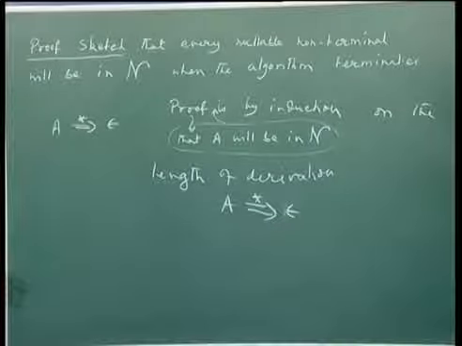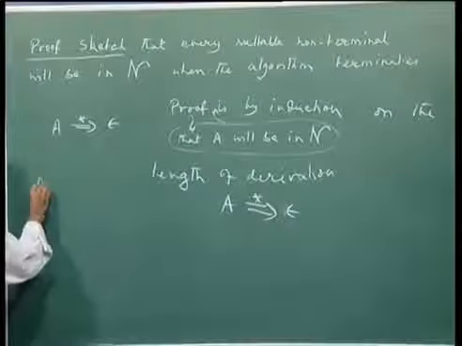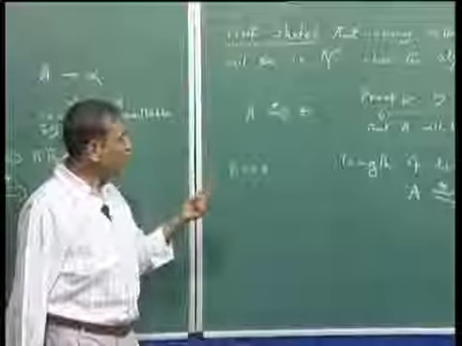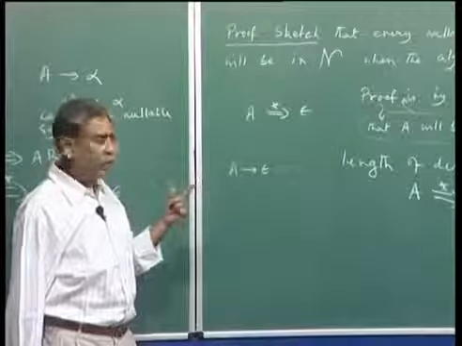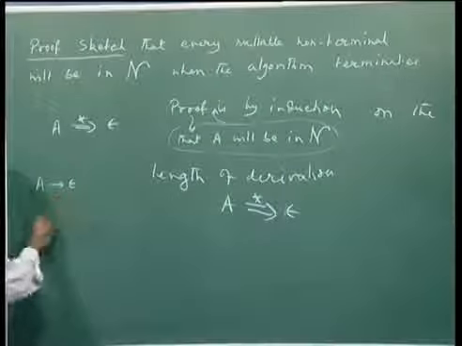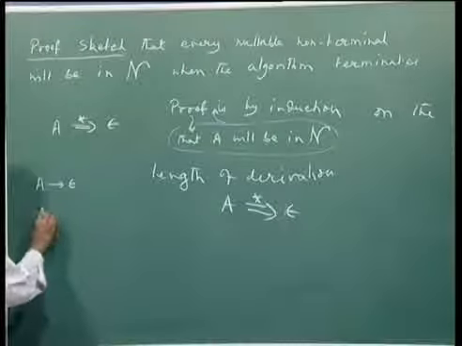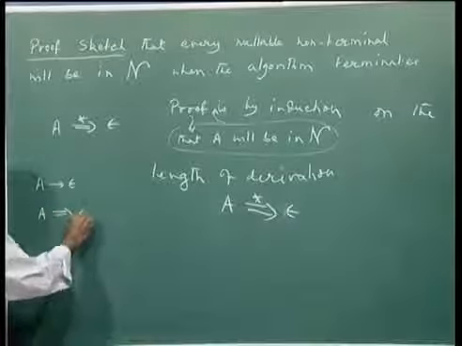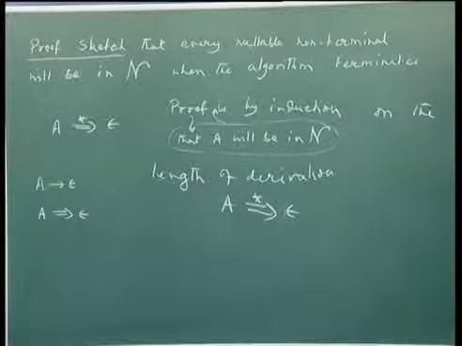The base case is that this length is 1. How is that possible? That is possible if A goes to epsilon is a production of the grammar. In that case we will have a derivation of length 1, because given such a production, we will start with A, use that production to simply generate epsilon.